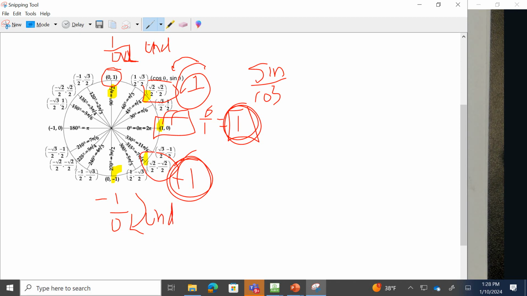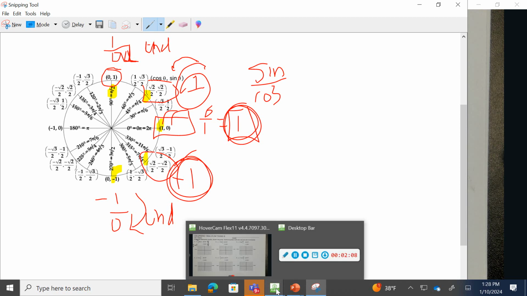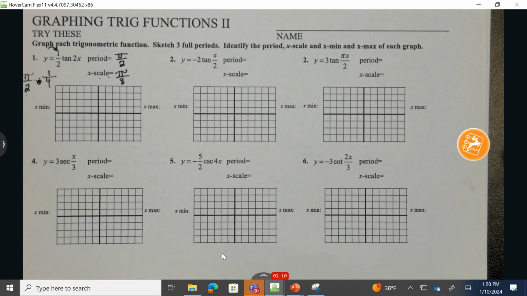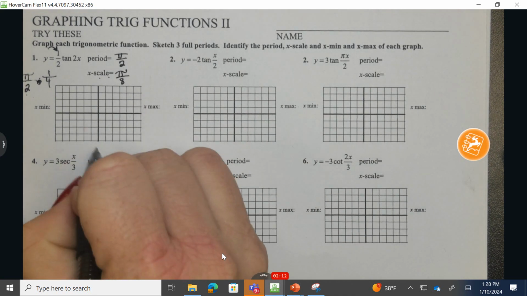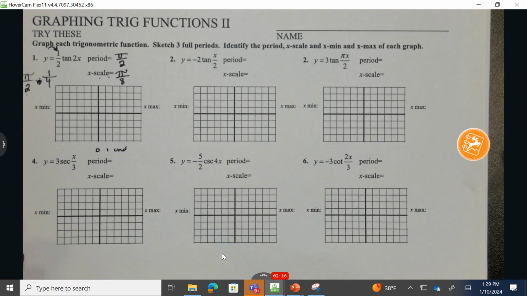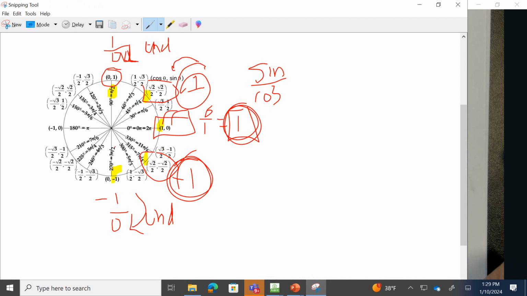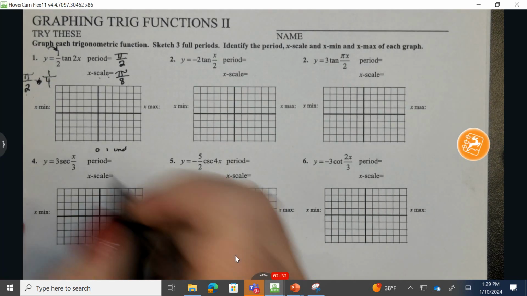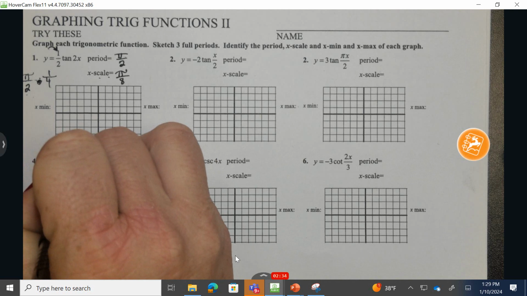Okay, so I'm going to write down those values. I'm going to come back here. Keep in mind that those outputs were 0, 1, and undefined when I went up, and then dropping down, I had -1 and undefined.